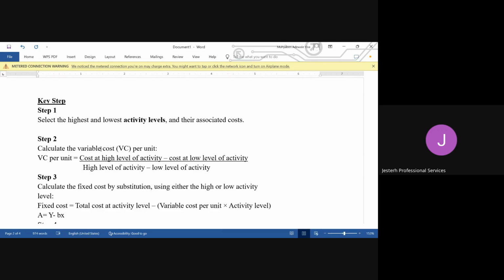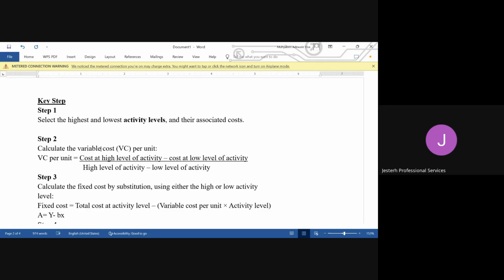The first step is to determine our high and low level of activities with their associated costs.